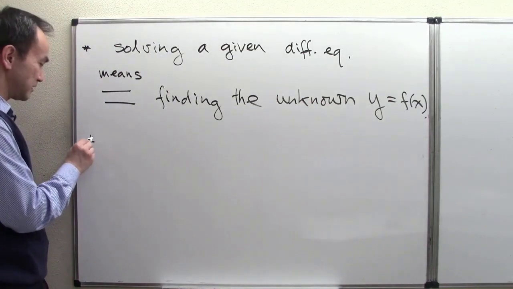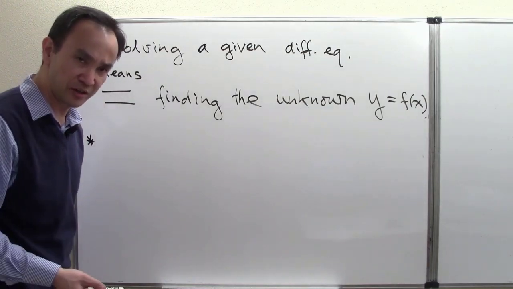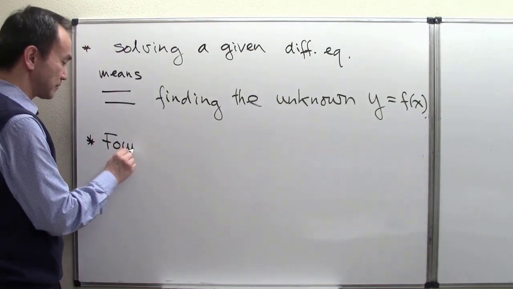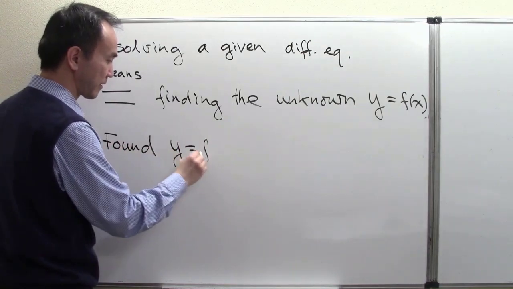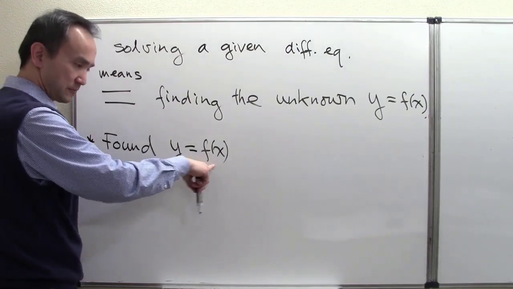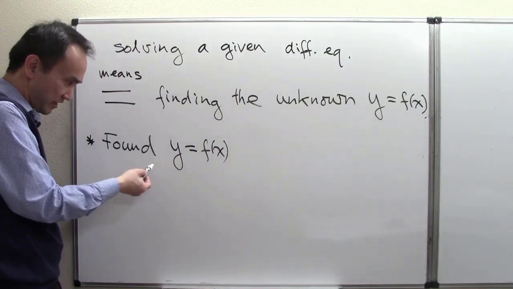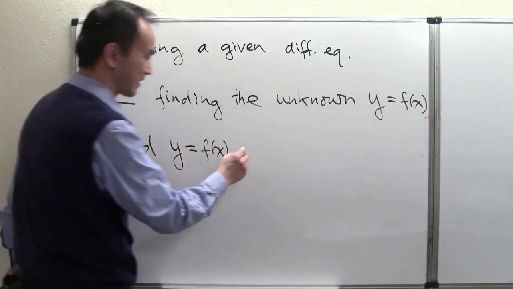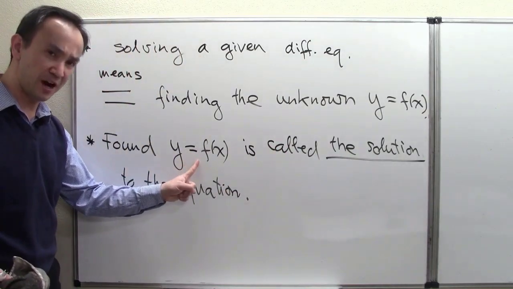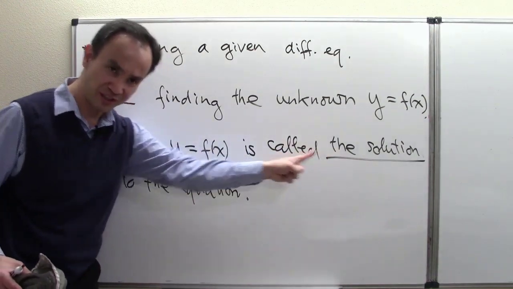Once you have solved your differential equation, starting out with a given equation, and you found the function f of x equal to y that satisfies your equation, the answer that you found is now called the solution to the equation.